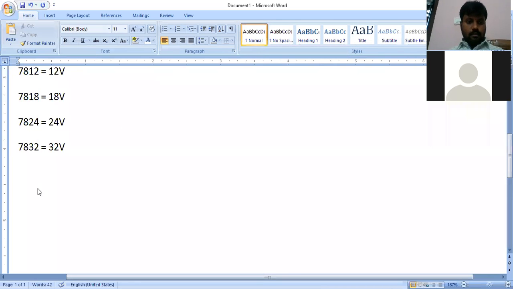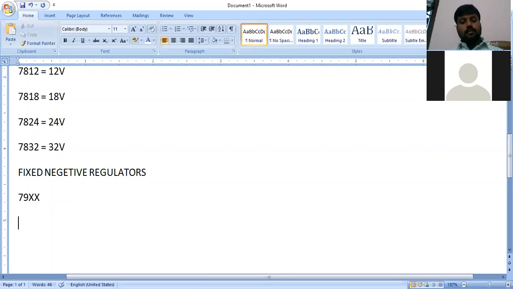And fixed negative regulators. Under this, the series is given by 79XX. The series 79 indicates negative voltage regulators.